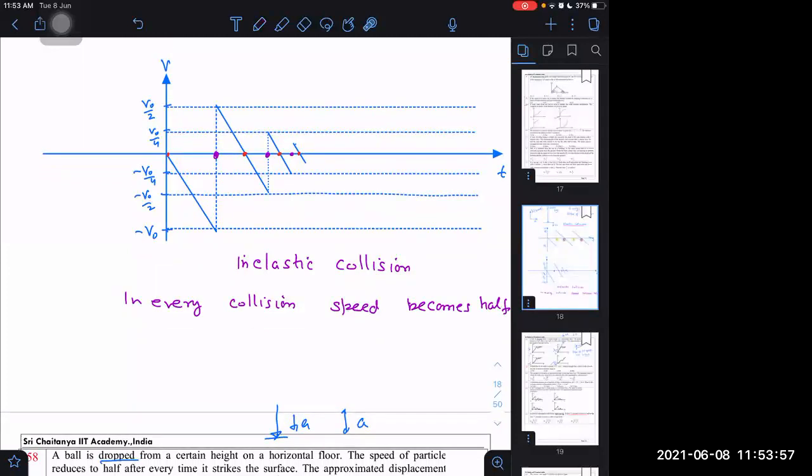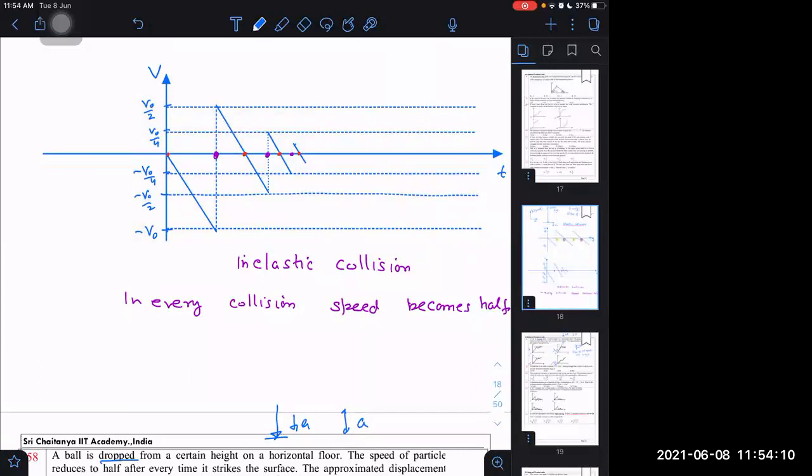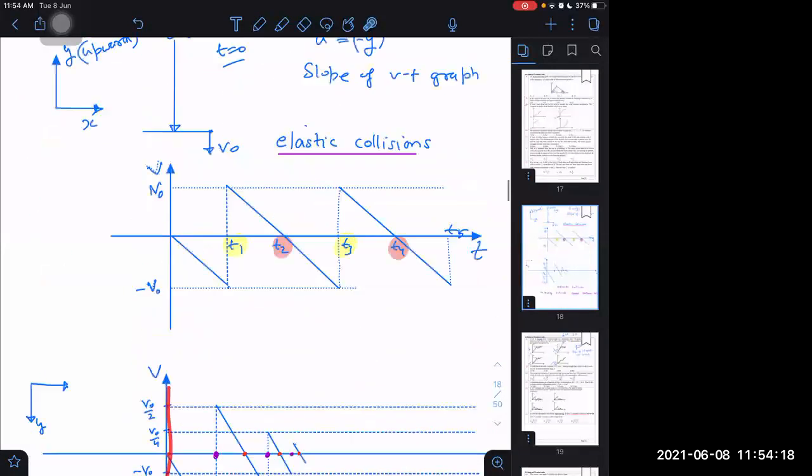One more thing I want to tell here: this graph will be valid even if I reverse it completely, meaning I invert this graph upside down, then it will be correct only. The only difference will be, if I start taking the y-axis downward as positive, then what will happen to this graph? This graph will get inverted.